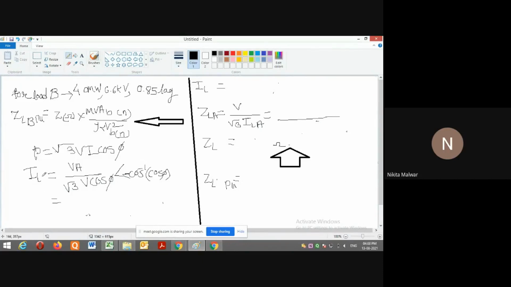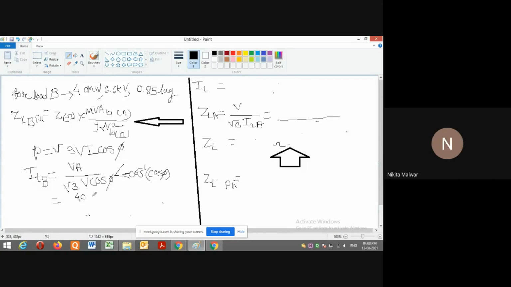Now this is ILB. Instead of VA, we will put 40, because the given value for load B is 40 megawatt.